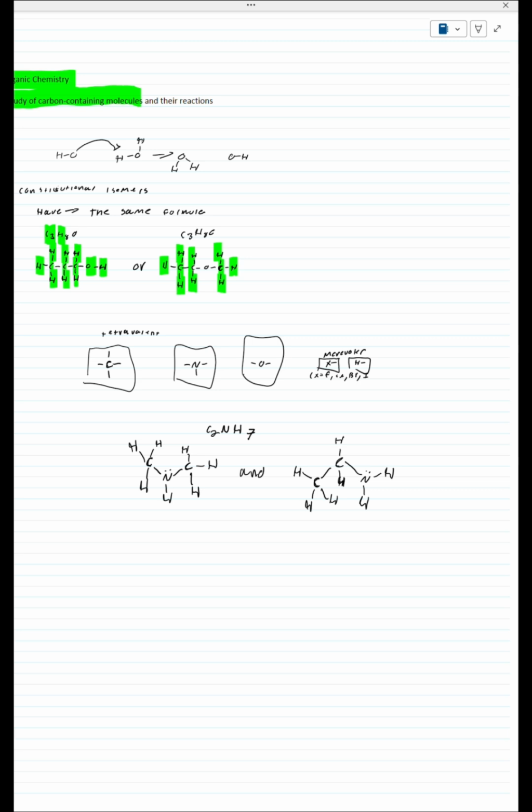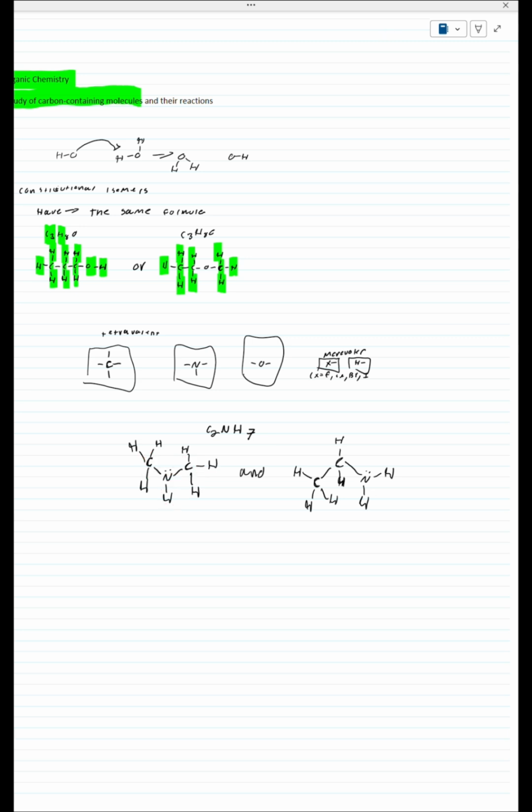However, if we look again, carbon has 1, 2, 3, 4, being tetravalent. This carbon also has 4: 1, 2, 3, 4. The nitrogen, 1, 2, 3, and the lone pairs to make it have its octet rule.